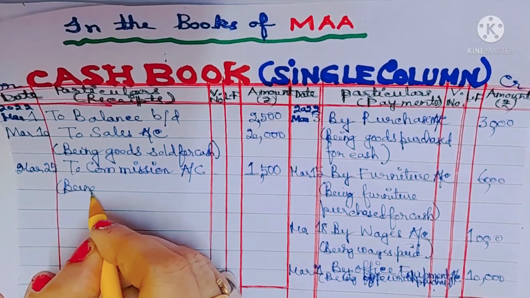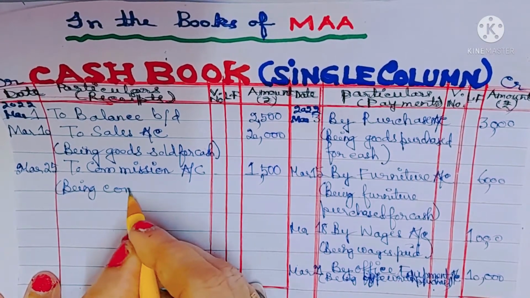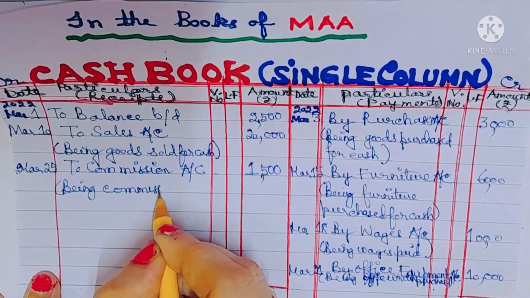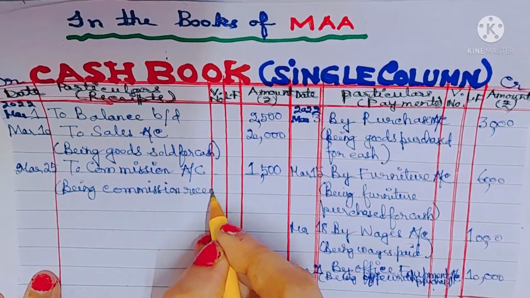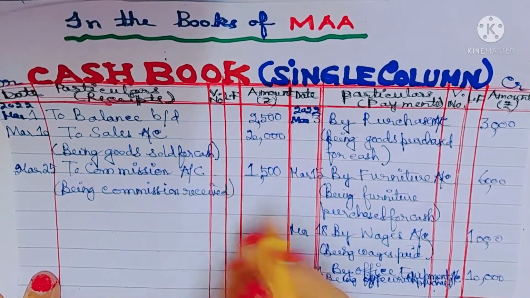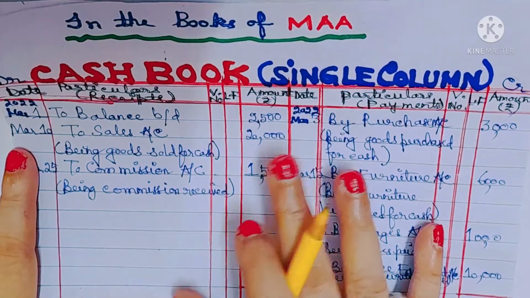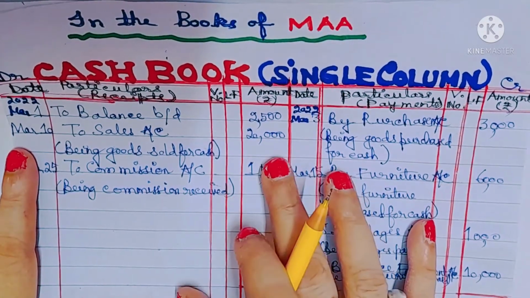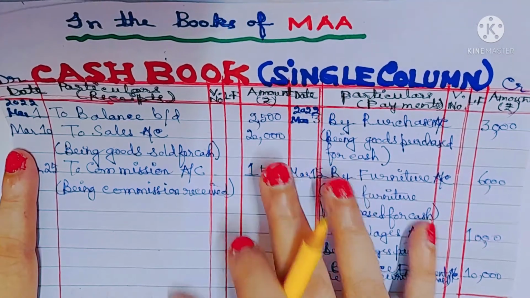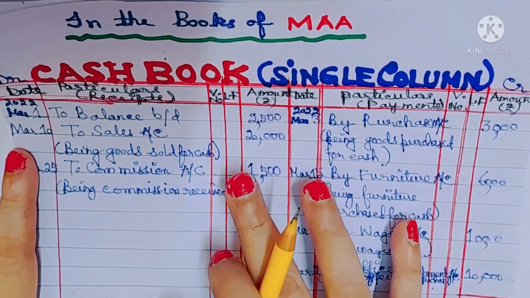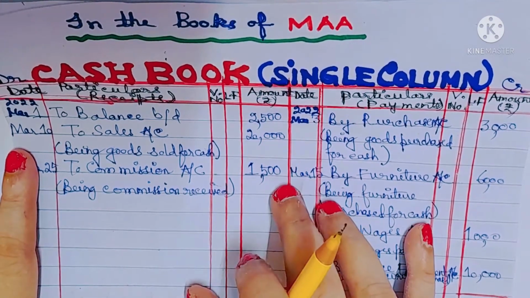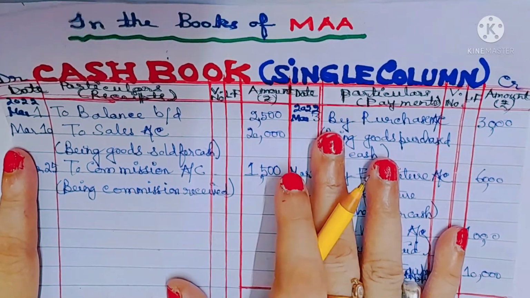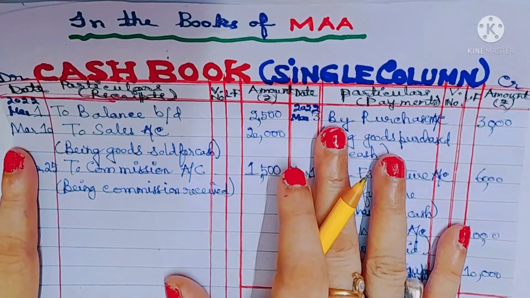Being commission received. Okay. And moreover, cash book is a real account. So according to real account, what comes in is debit. Here, when commission is received, cash comes in. So 1,500 will be debited. Understood? Let's see the last transaction.